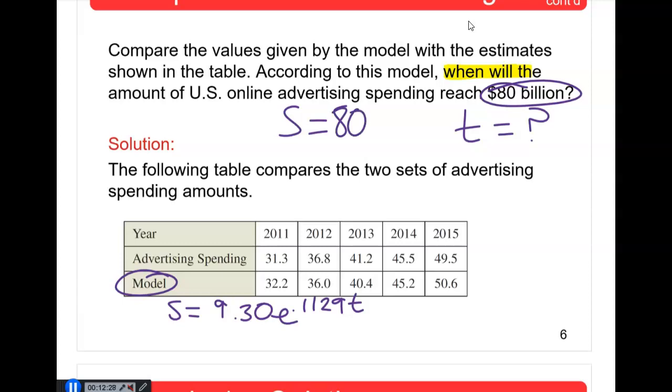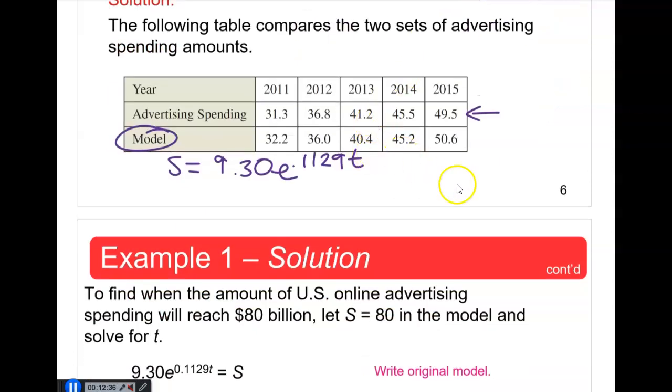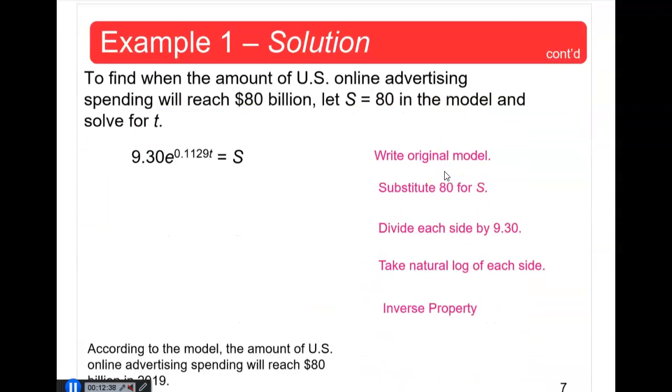And we do not need to add all the zeros because remember, we already have these numbers in billions of dollars. So we're going to do that, and we will start by substituting S with 80 billion. Just 80 actually.